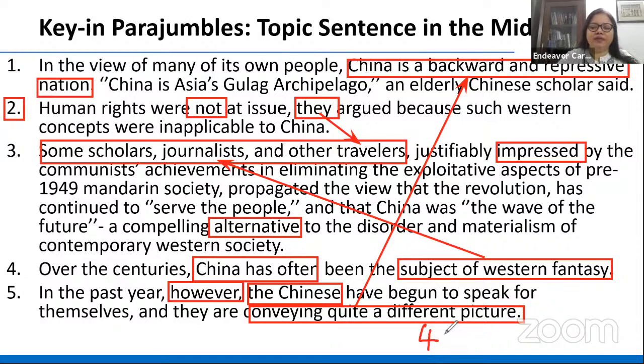I continued with 3. 2 was my big question mark, but I just figured out 2 is positive, which means I have 3 sentences that talk about something positive. And then I have 5 and 1 talking something negative about China. Correct? 5 and 1 present something negative about China. That makes it 4, 3, 2, 5, 1. So what is the topic sentence in the middle?